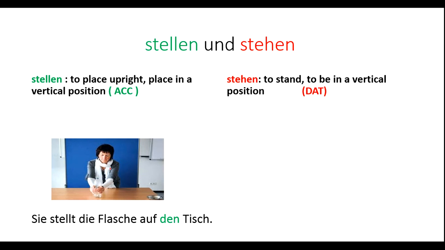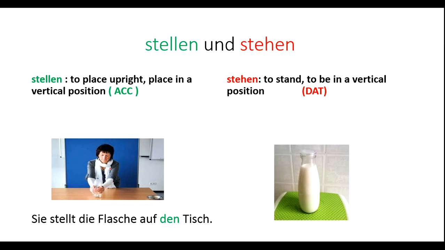Stehen, to stand, to be in a vertical position. Die Flasche steht auf dem Tisch. Have you noticed that in the dative case the subject starts with a thing, so there would be no movement, so it would be dative. We use stehen for standing, and in the accusative the subject is a person, so there can be action.